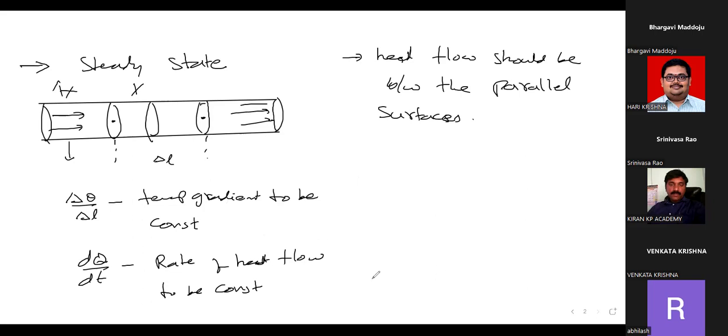Now this is the rate of heat flow, and we understood the expression. Next, about the temperature gradient: generally they give many problems on temperature gradient. Temperature gradient means the ratio of the temperature difference between two points to the distance between the two points.